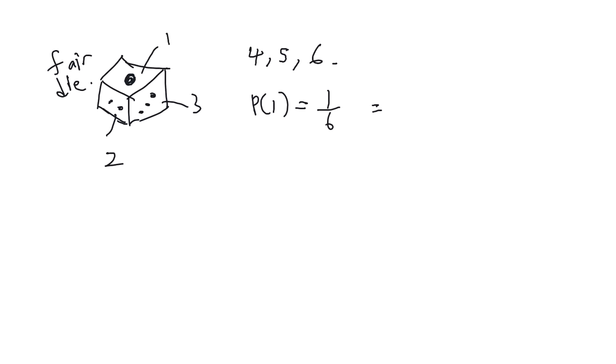Okay, and that's equal to getting outcome 2, outcome 3, outcome 4, 5, and 6, of 6. So I'm running out of space there. So they are all equal.